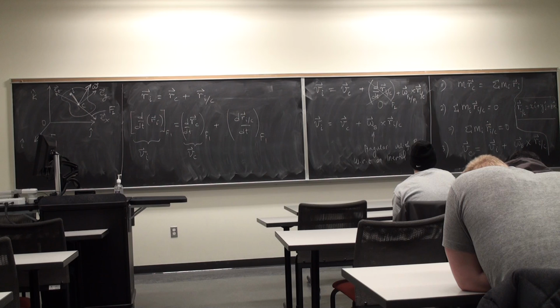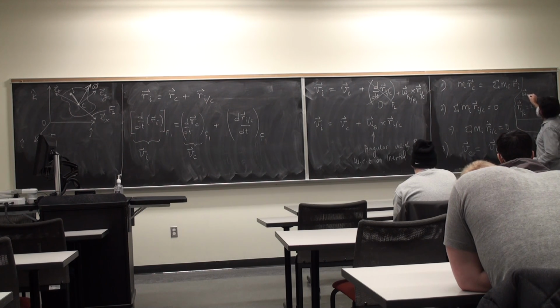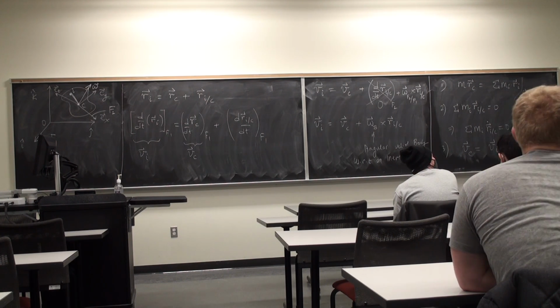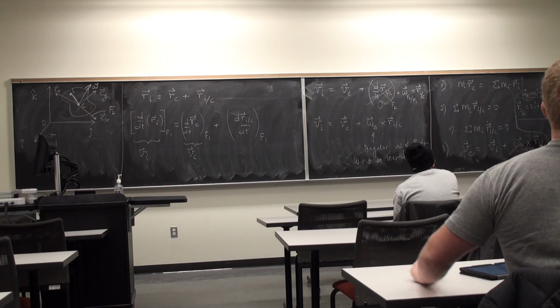Okay, does this make sense to everybody? Some arbitrary vector, x i hat, y j hat, and z k hat, and then omega of the body is some omega x, omega y, omega z.